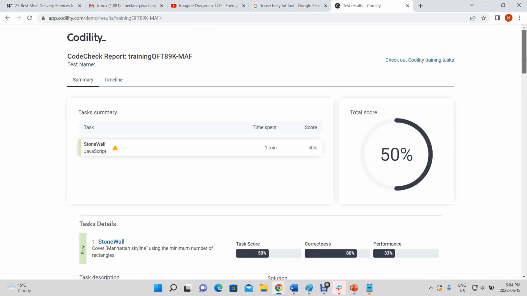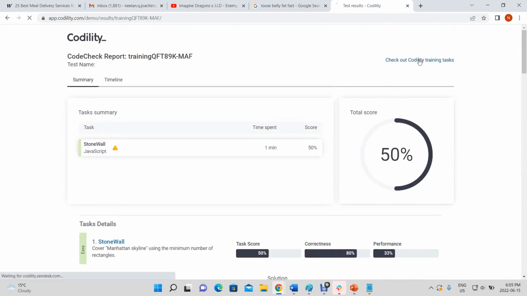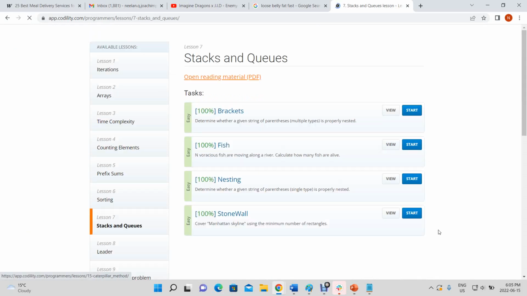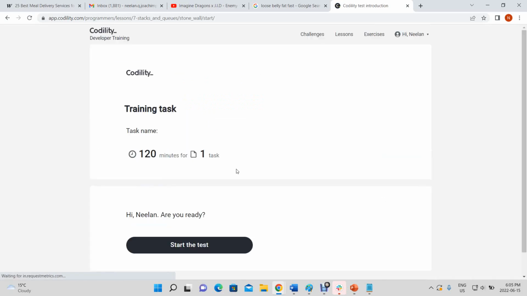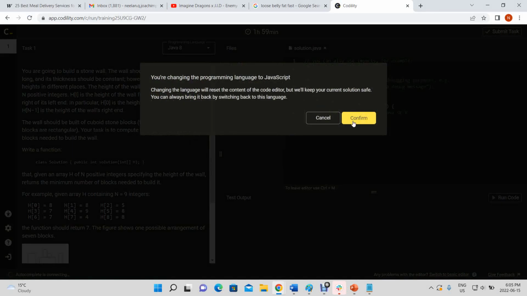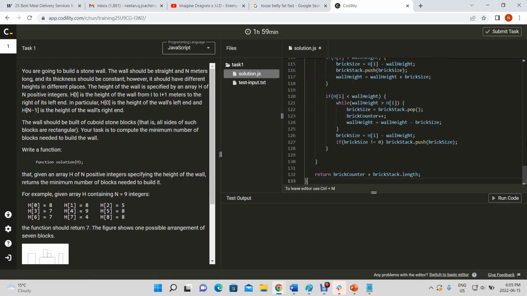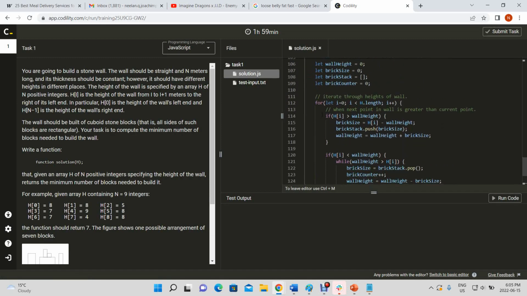Okay, so let's find out where we made a mistake. So we'll go back to our lesson, stacks and queues, start. And the mistake was actually posting the old code, the same thing we missed in our first condition.